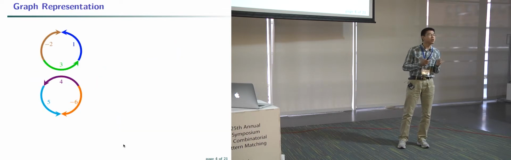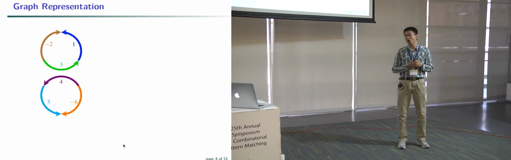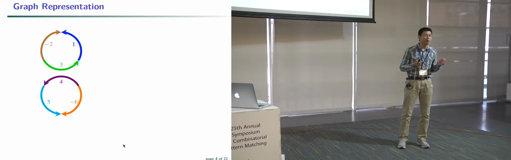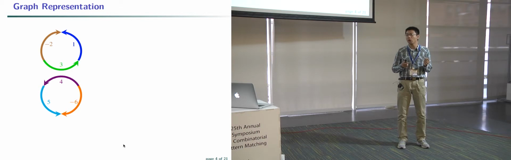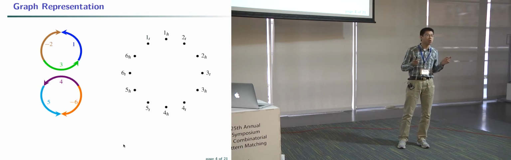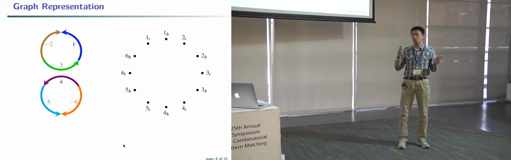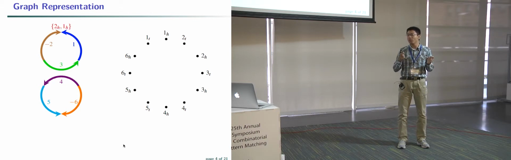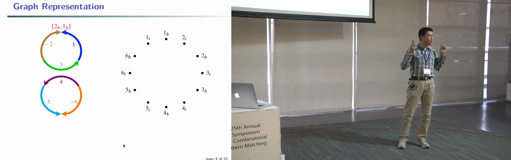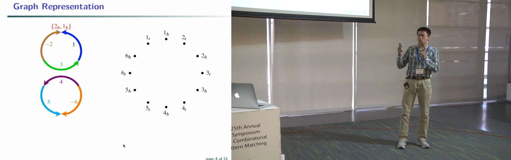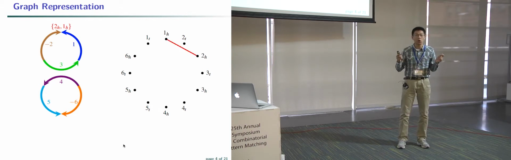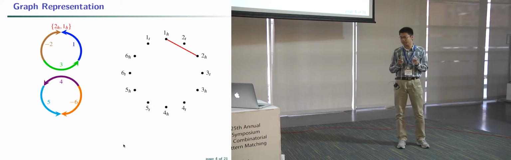Okay, we can use a graph to represent genomes. In this example with 6 genes in total, we can first list all the 12 extremities in the graph as vertices. For each adjacency in the genome, we add one edge to the graph by connecting the corresponding two extremities.